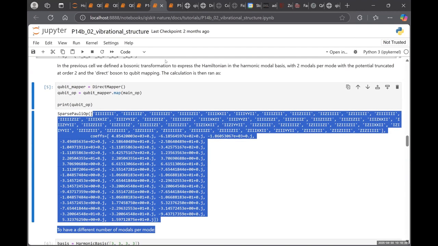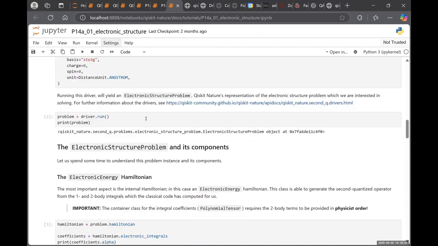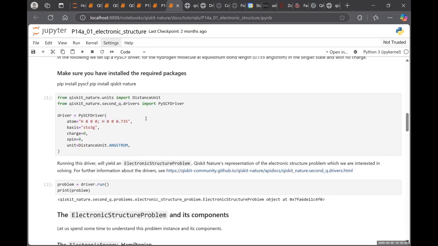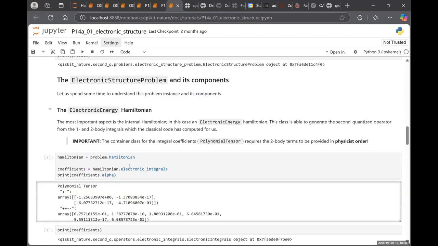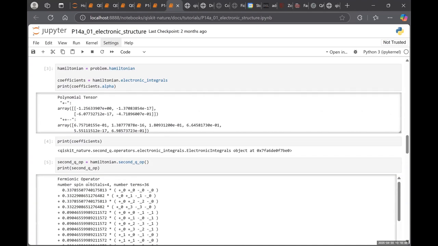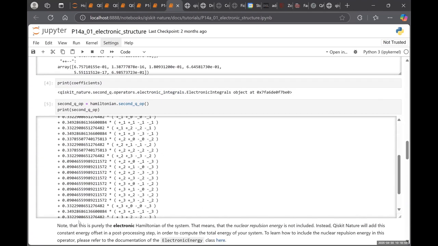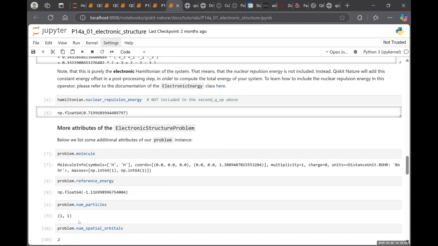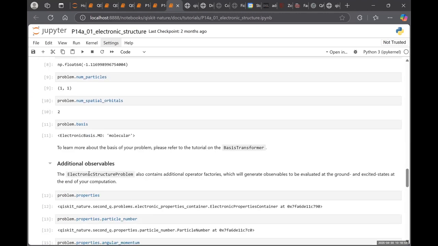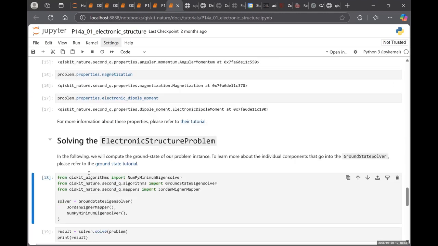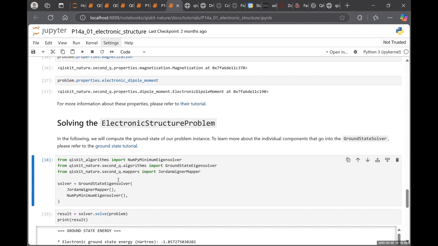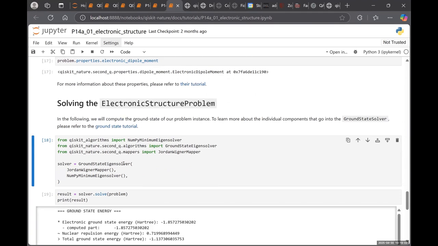Actually, for the previous one, we never printed it out. This is the previous one. Mapping. Okay, it does not directly map the problem to spin explicitly.